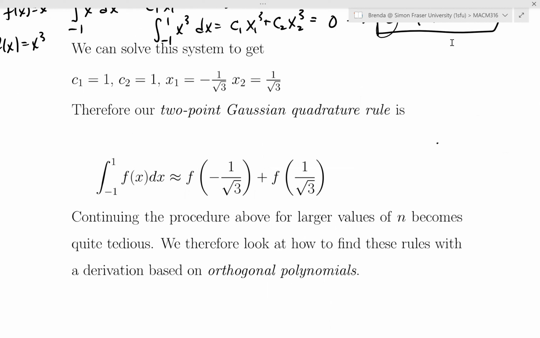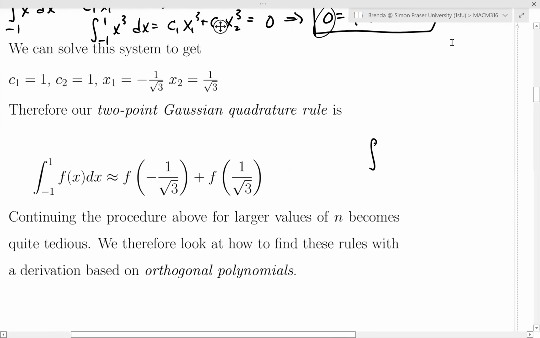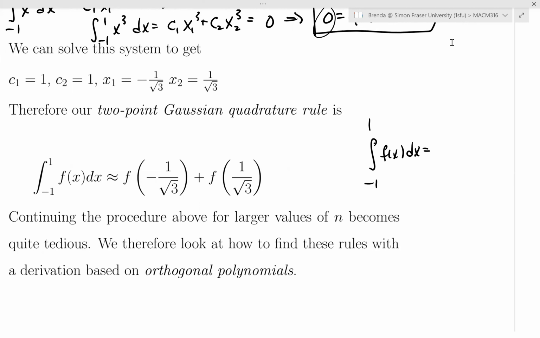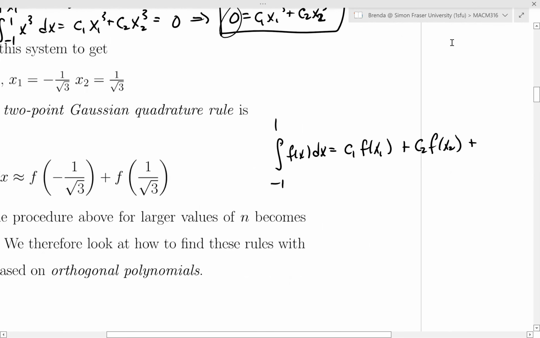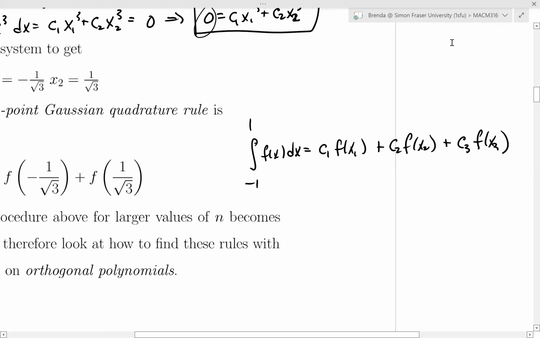You should always be able to do this for a 2-point rule or a 3-point rule. Like you can just say to yourself, what if I say it's a 3-point rule? Then it's going to look like this. There. Now it's a 3-point rule. I'll try to make it exact for f of x equals 1, x, x squared, x cubed, and x to the 4th.